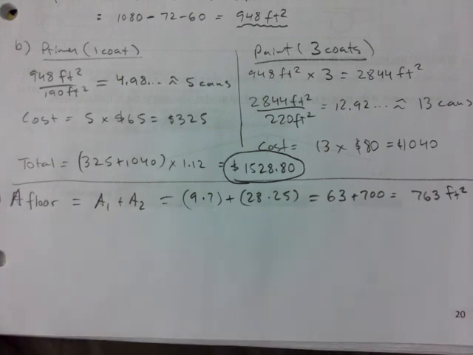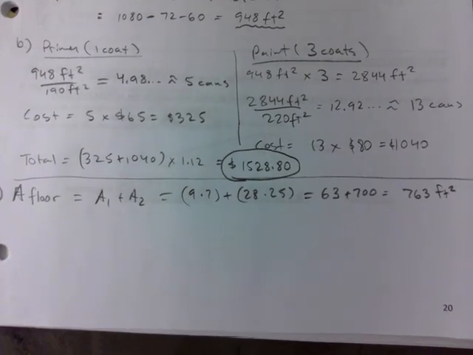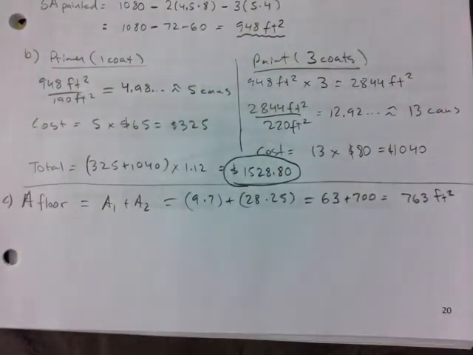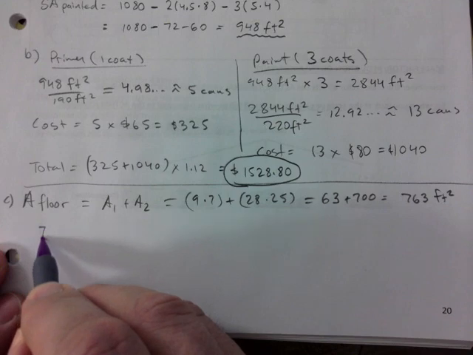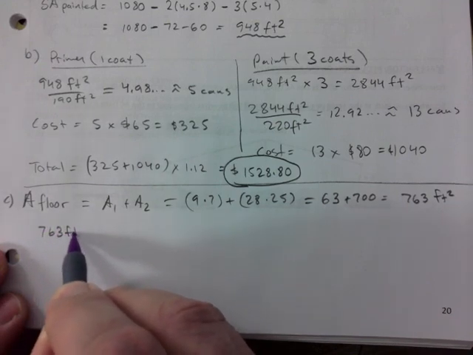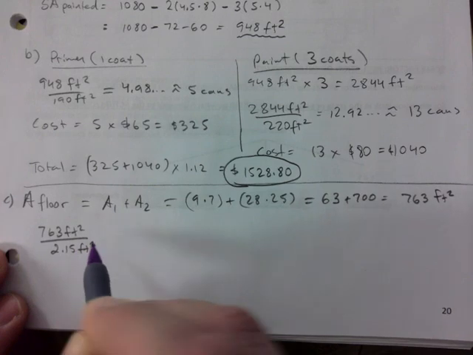And here's the tricky part. Is 763? Is that what we're getting? Yeah, okay. It should be regardless. That's what you get, right? If you go minus or add. And so here's where it gets tricky. This is how I'm going to do it, okay? 763 square feet divided by that weird 2.15 square feet.